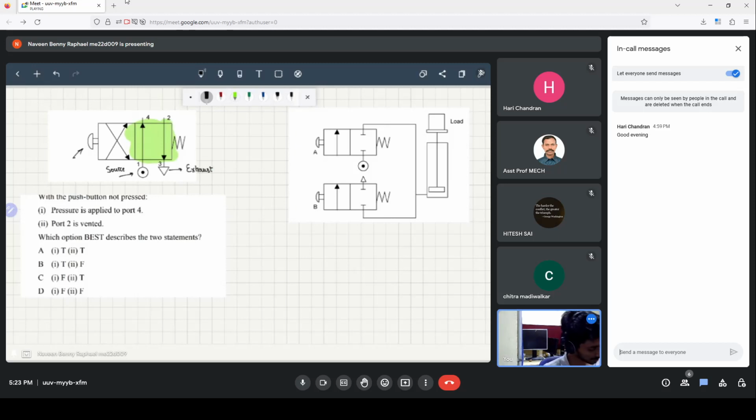If the push button is not pressed, the pressure is applied to port 4, which makes sense because we have the source here providing pressure to port 4, and port 2 is connected to port 3, which is the exhaust. That means for this, the answer will be true and true.